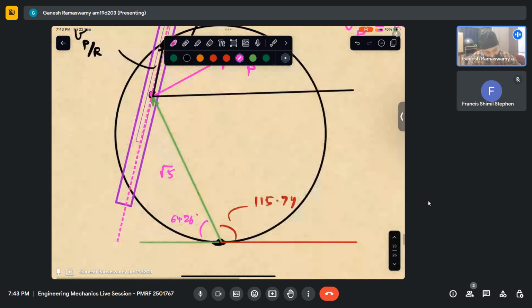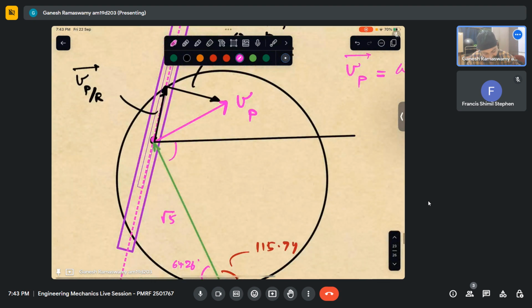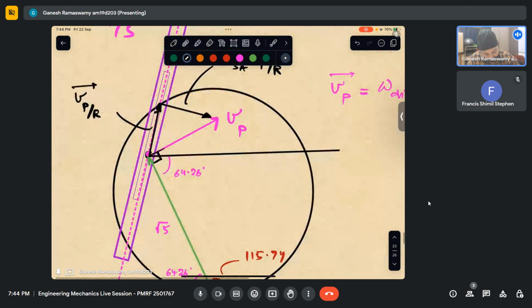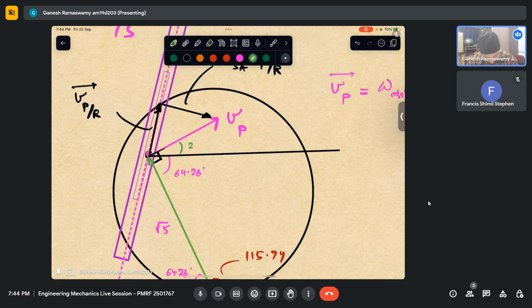So this angle is 64, which means this angle is also 64.26. I know this is 90° because it is a cross product. It has to be perpendicular to the line joining the ICR. If this is 90, can I evaluate this angle?